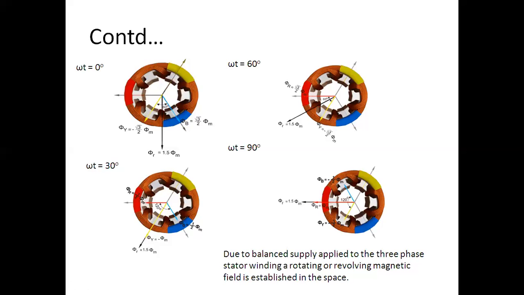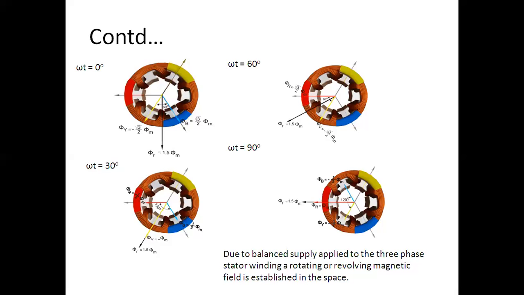So due to the balanced supply applied to the three-phase stator winding, a rotating or revolving magnetic field is established in space. We have already seen that due to a balanced three-phase supply applied on the stator winding, a revolving or rotating magnetic field is generated in space, because the magnitude of that rotating magnetic field remains the same, that is phi r equals 1.5 phi m.